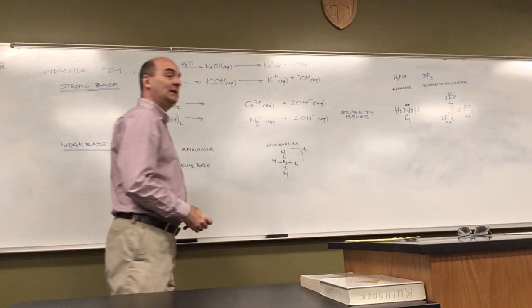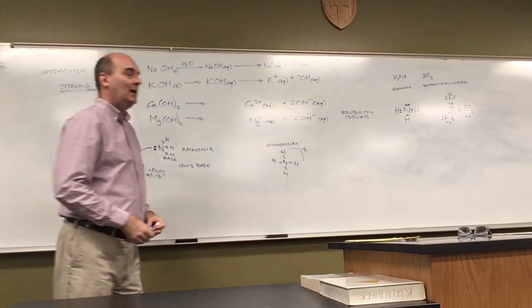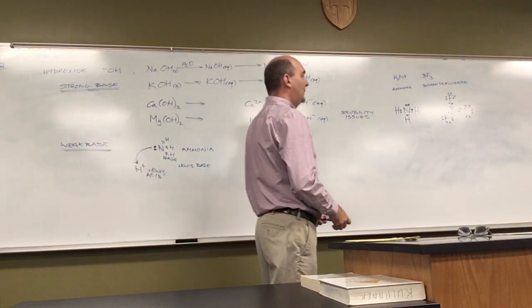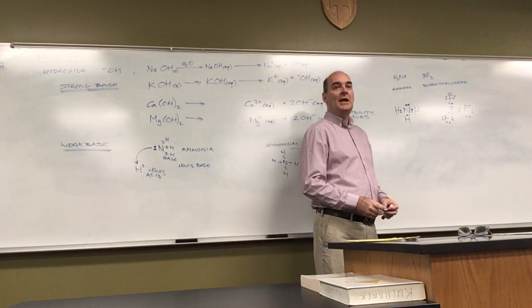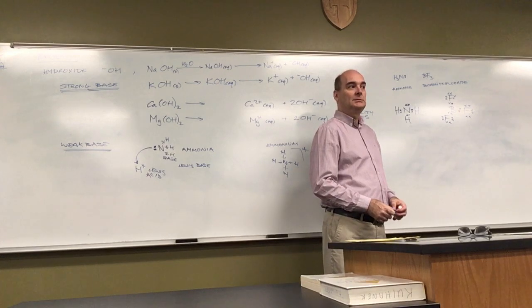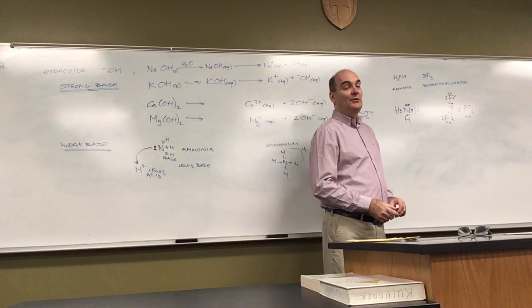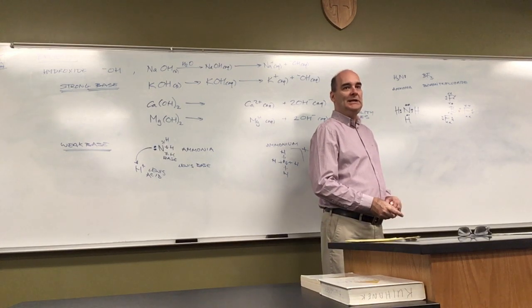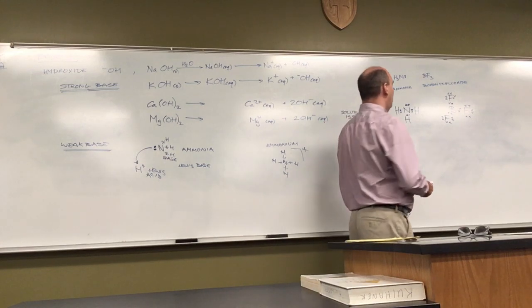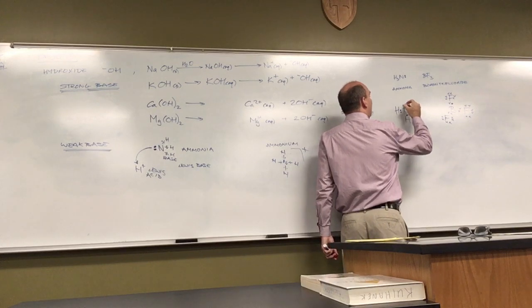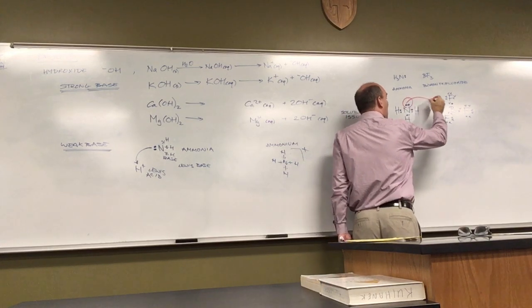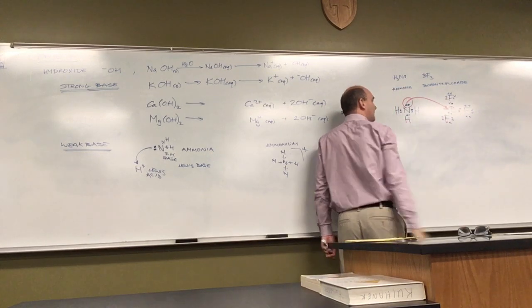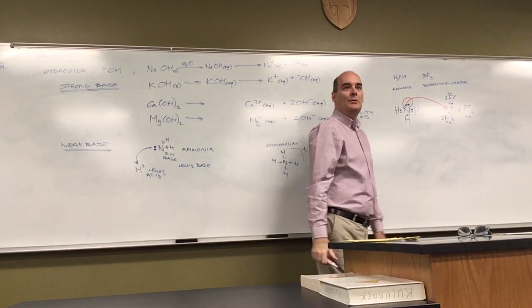Those fluorines each have 8 valence electrons, but how many electrons does the boron experience right now? 6, which means it's electron deficient. And it's electron deficient by an even number of electrons. So I'm going to take that lone pair of electrons and I'm going to give it to the boron.